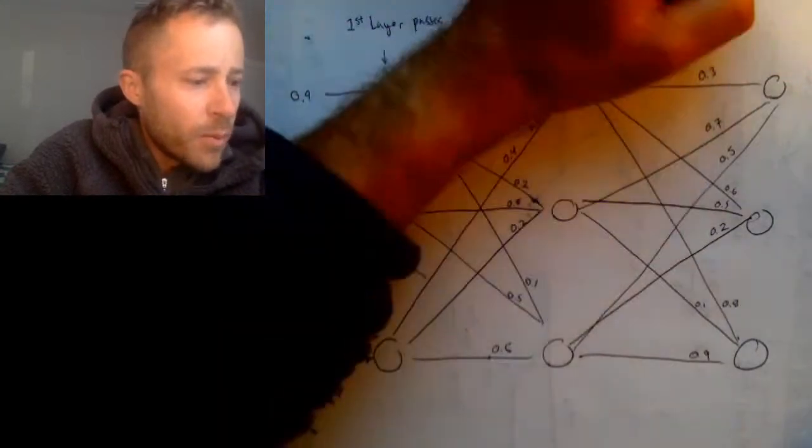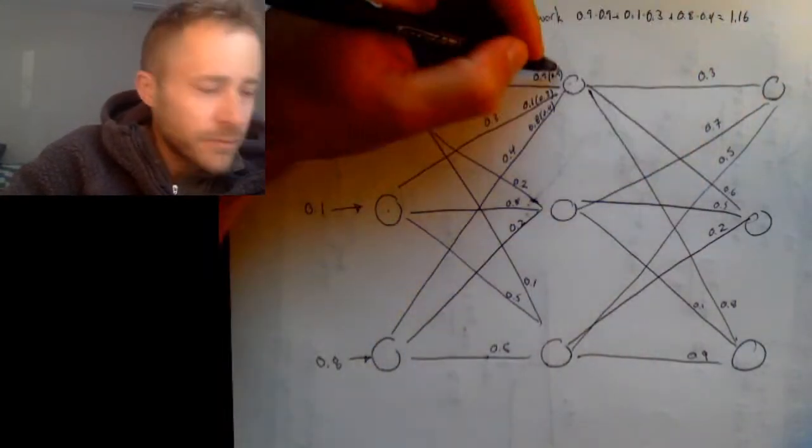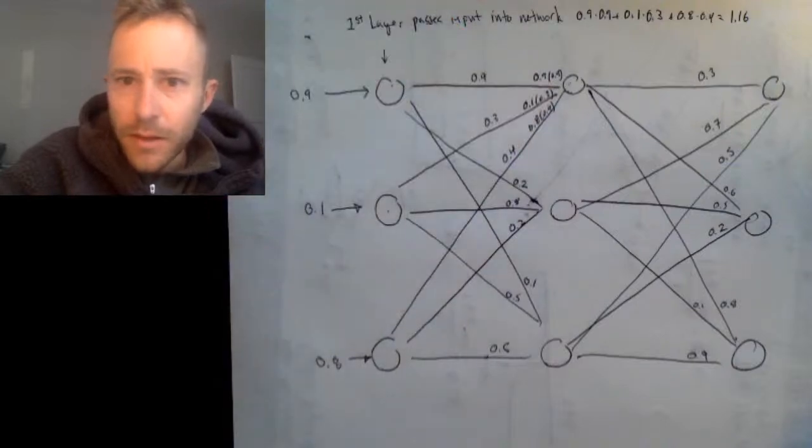So that's 1.16 is the input to that neuron, okay?